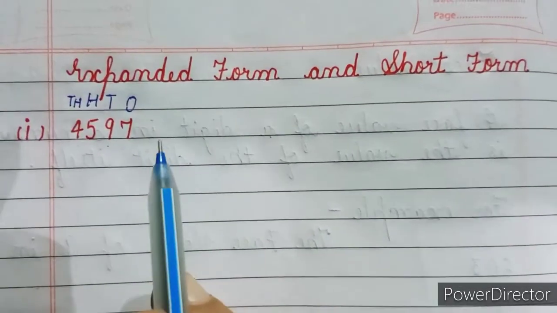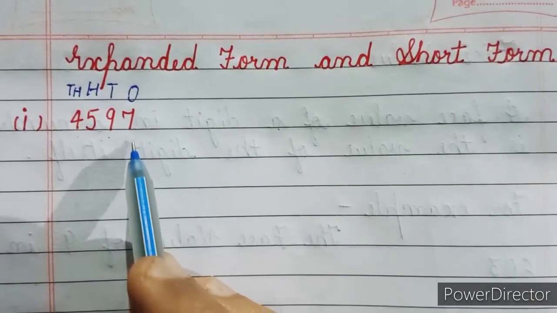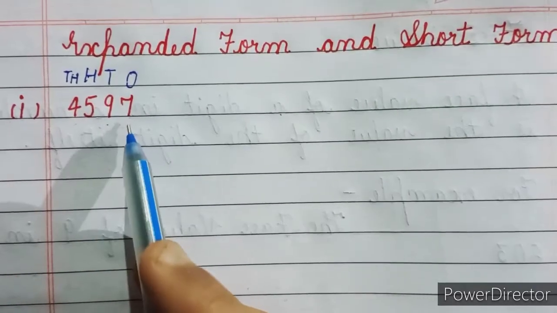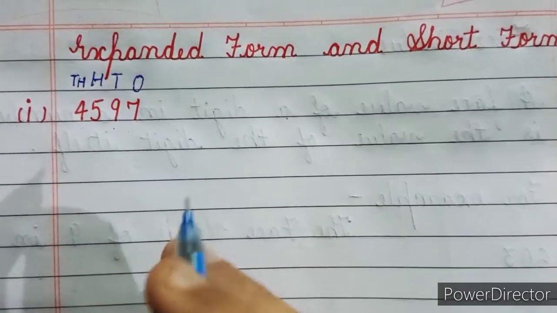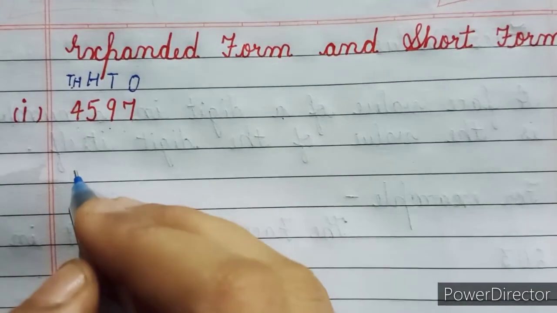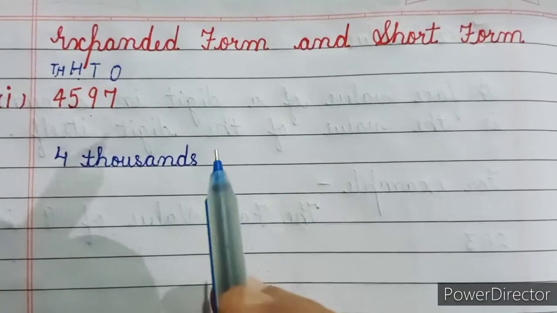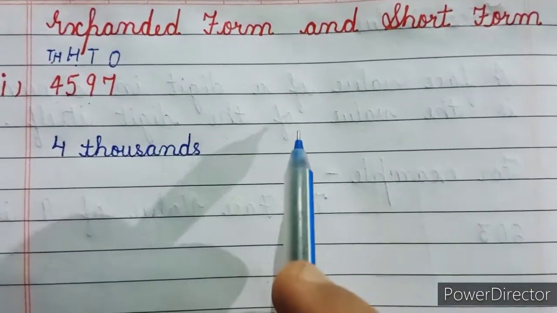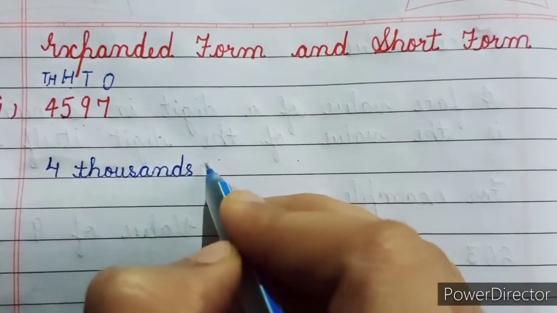When we write in expanded form, we write the place value of each digit and add these place values. So what will we write? 4 is at the thousands place, so first we write 4 thousands. We have 5 hundreds, so plus 5 hundreds.